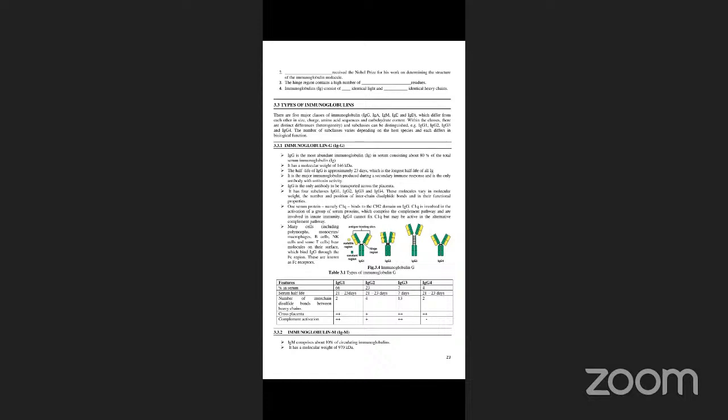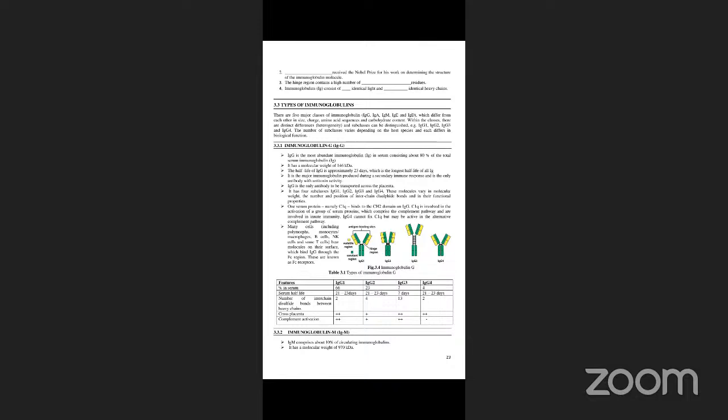So now first we will discuss IgG. IgG is generally found in most of the cases. It is the abundant antibody. Like I told you in the class yesterday, I think, secondary reactions usually produce IgG. Okay, so they are present in the serum. 80% of the total serum immunoglobulin is IgG.